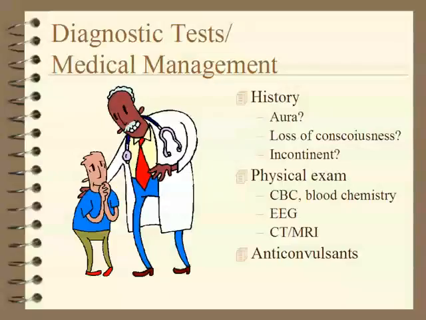CT and MRI, again, something else to think about is whether the seizures are being caused by some type of brain tumor or lesion. So we could use that as well as part of our diagnostic workup.